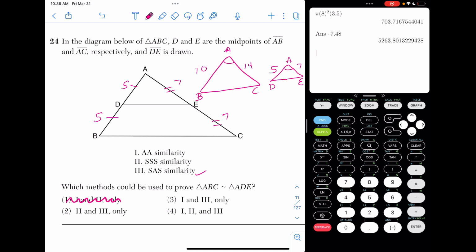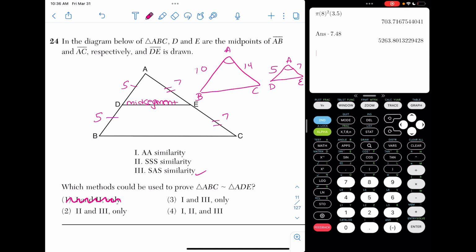now I have to determine can AA or SSS work. And the key to that is knowing that if D and E are connecting midpoints, that this is something called a midsegment. So a midsegment is going to be parallel to the third side, or the side that it's across from in the big triangle.